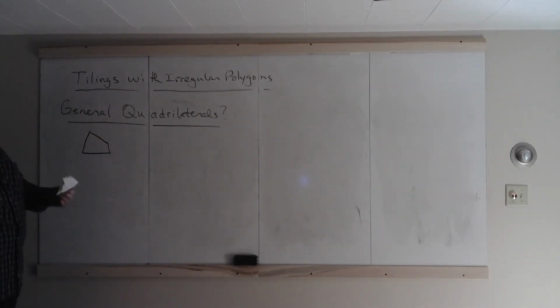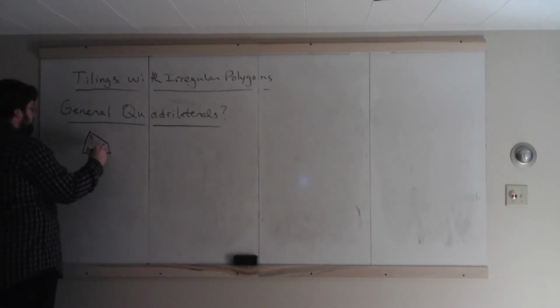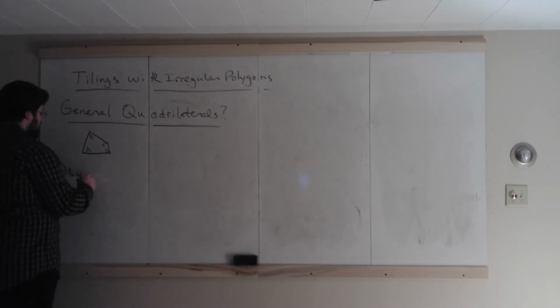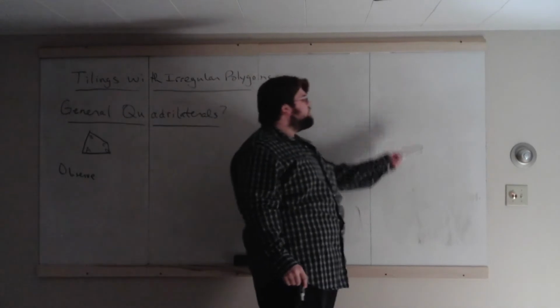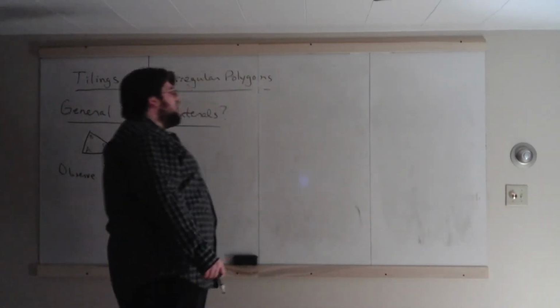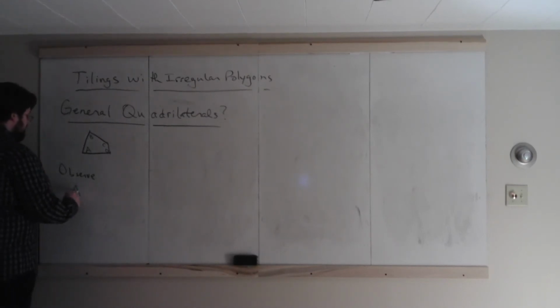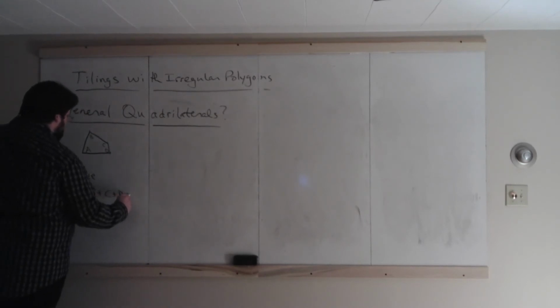The first observation we make, observe or recall, from the first remark over here that I wrote after talking about squares: the angles inside a quadrilateral add to 360 degrees.